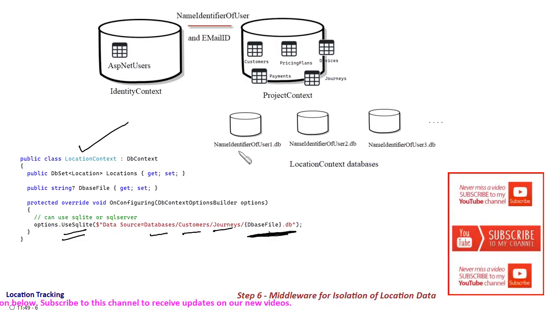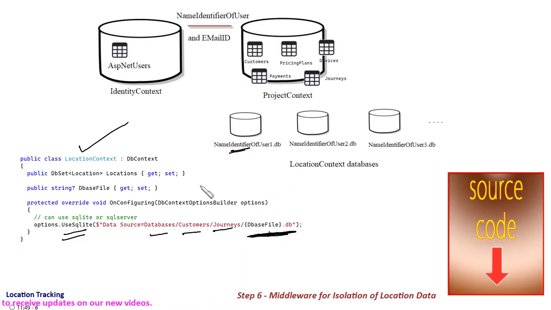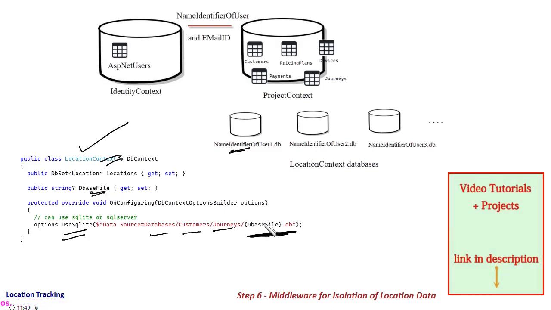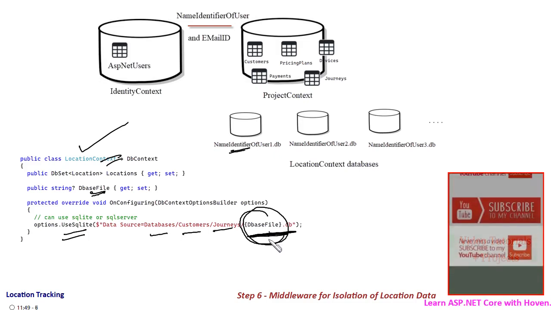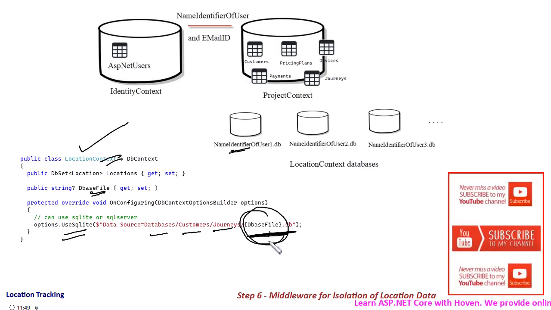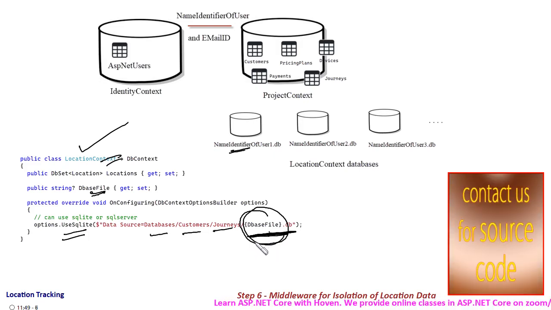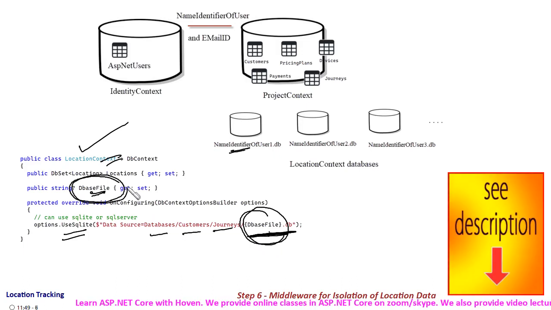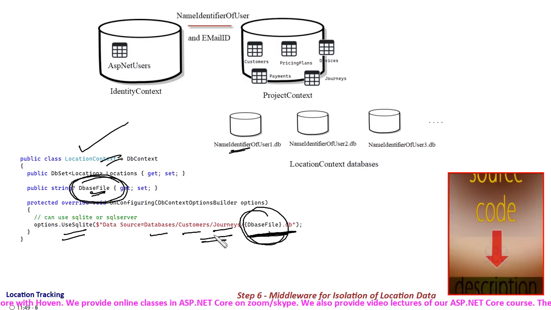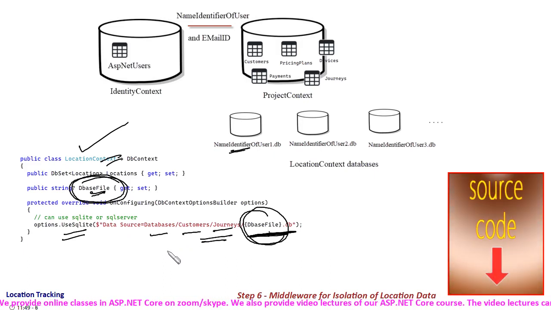This name is actually the name identifier of the user. DB location context has a property called dbase file. This property is used to make a connection to the correct database just in time at runtime. So this is the reason why we need a middleware, because a middleware will help us substitute this name correctly, and then we will get access to the correct database of the user.